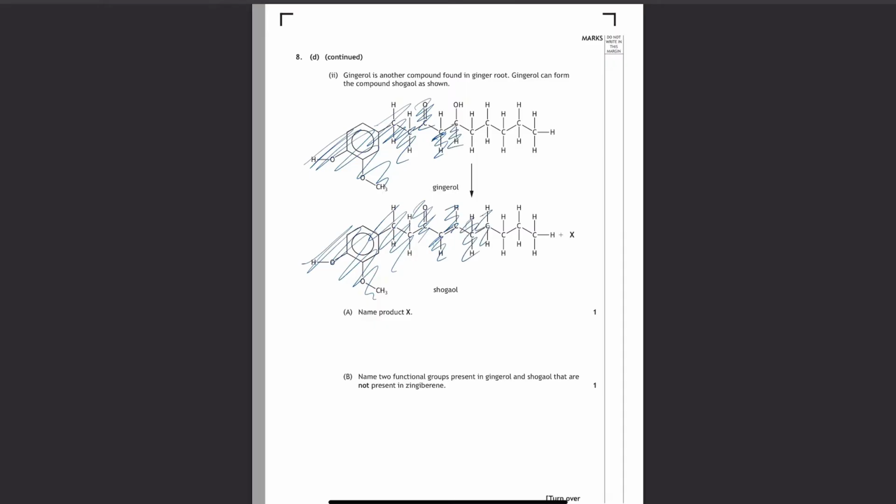Then CH, CH2, CH2, CH2, CH2. And then you can see what we're left with is H2O, which is water. So I would always advise doing that when you're identifying missing products or even reactants. Just score out the atoms that you can see on both sides and see what atoms you're left with. I'll rub that out now.